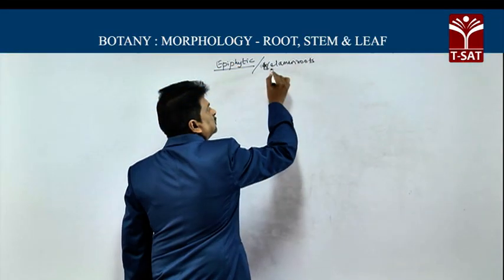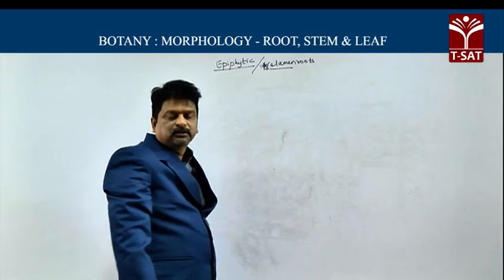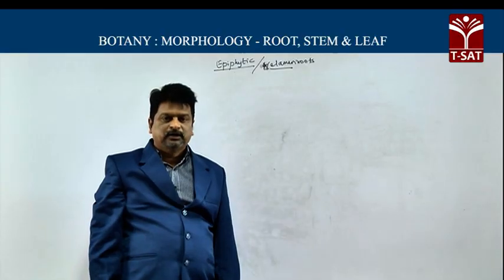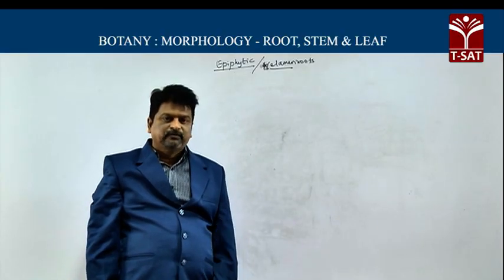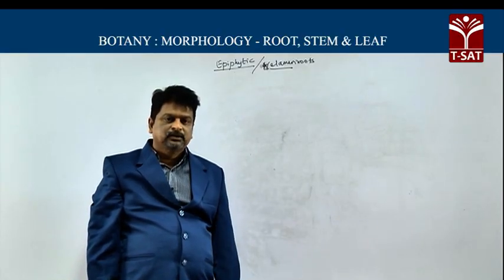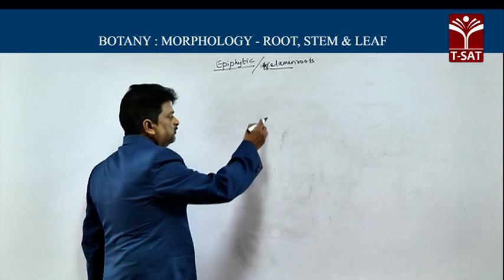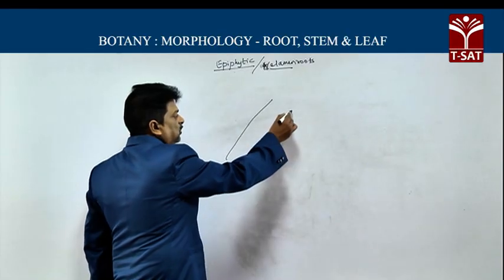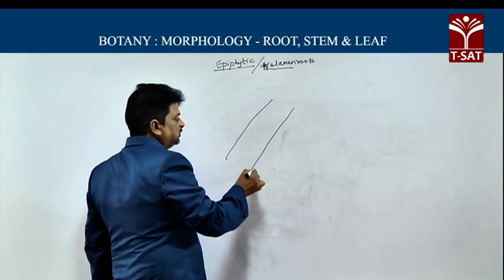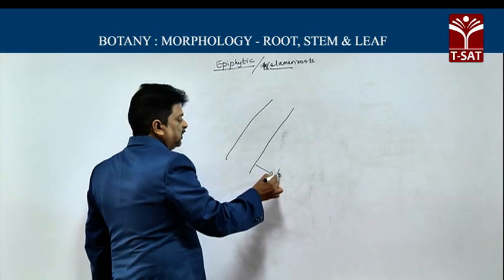Next modification, epiphytic or velamen roots. Epiphytes. Epiphytes means plants which depend on other plants only for shelter. Actually, epiphytes grow on branches of other trees.